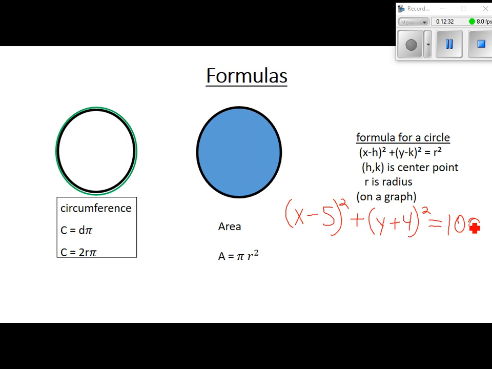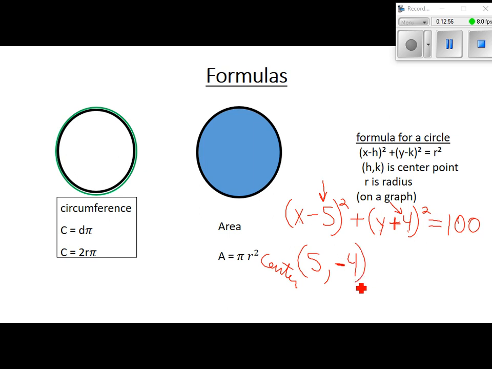The center point of the circle is just going to come from here and here. Here it's x minus 5, so the x coordinate is just going to be a positive 5. Here it's y plus 4, so we change this sign. Instead of a minus, it's a plus in there. So that means the y coordinate has to be the opposite of that, which would be a negative 4.